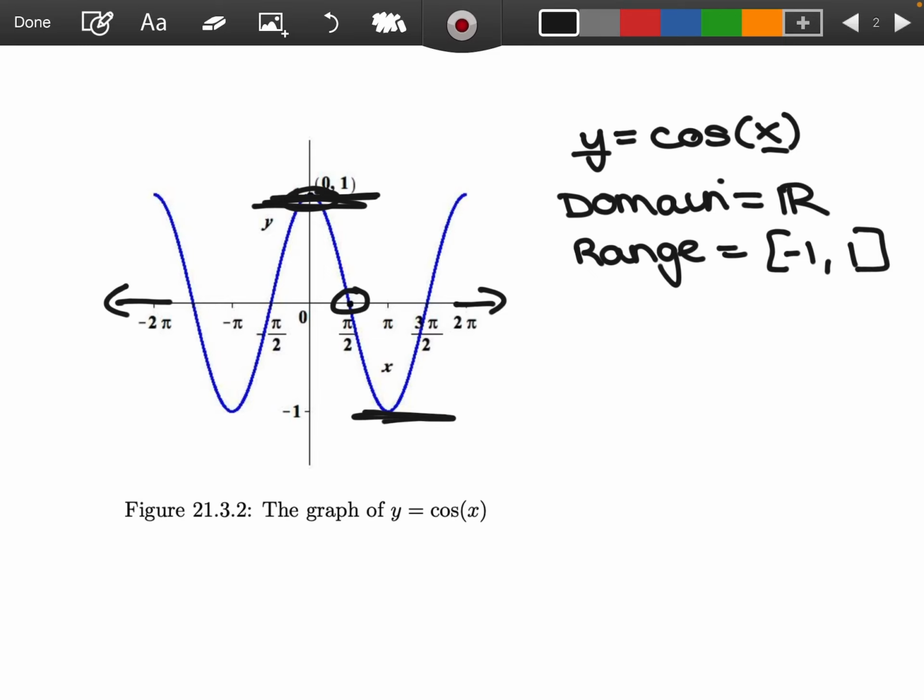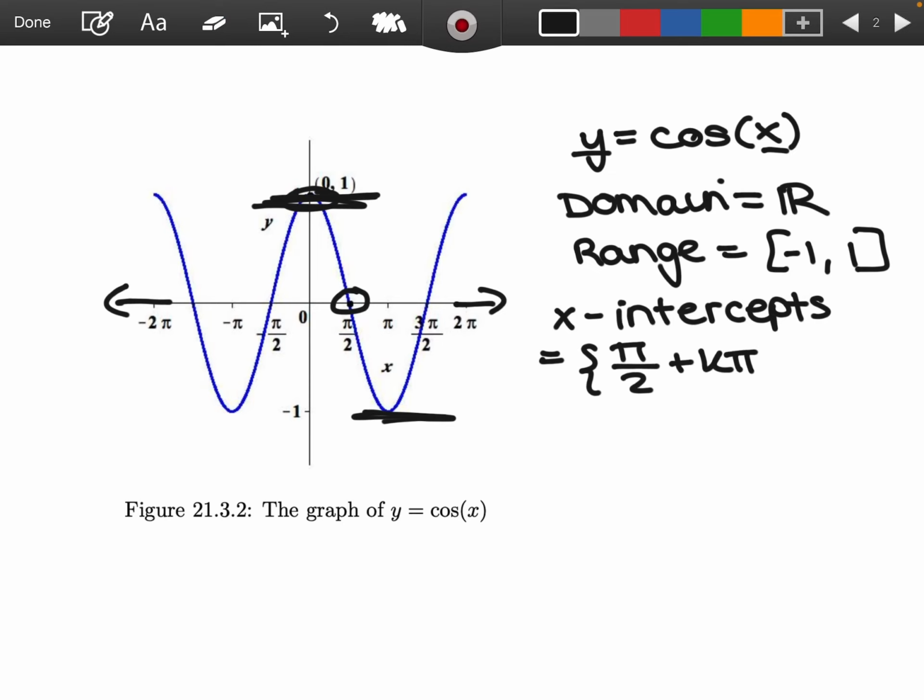Then we need the x and y intercepts. Now this is different from our last graph. The x-intercepts, the way that we actually write this is as a set. Okay, what does this mean? What you'll see here is we have odd multiples of pi over 2, okay?